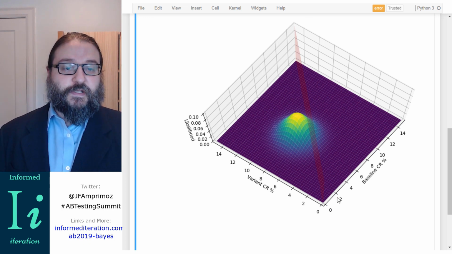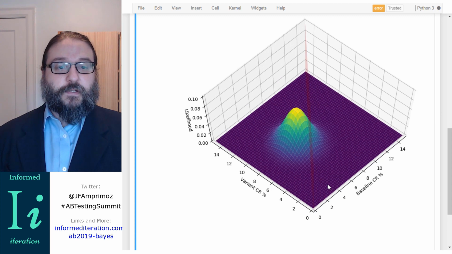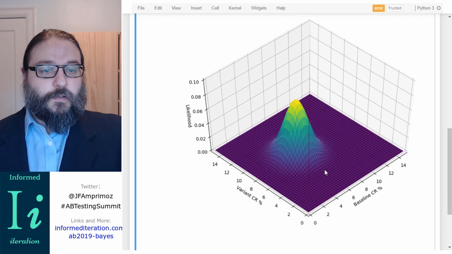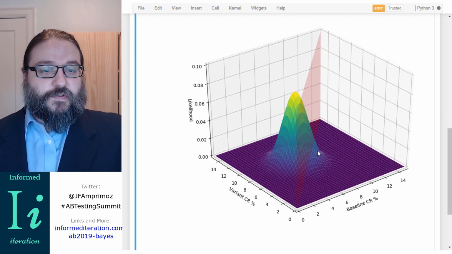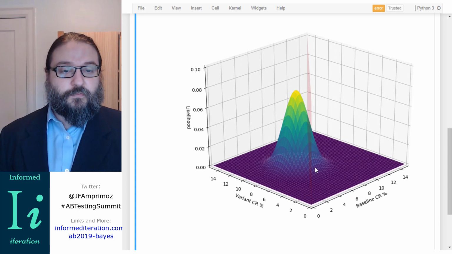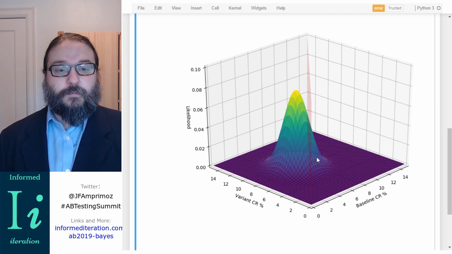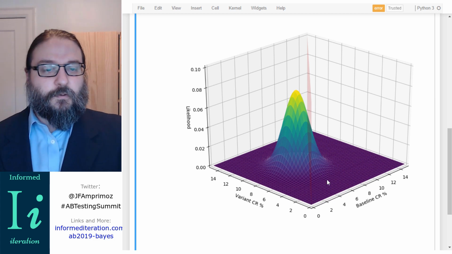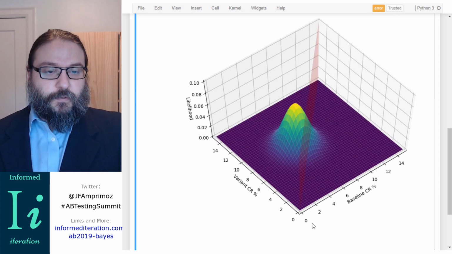Now what we're going to say is, if we pick that variant, because that's the one that looks better, not just what's the probability, what's the area under here, but for each spot under there, we're going to cross index.